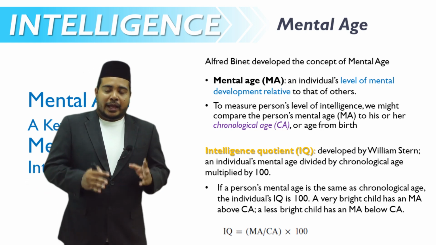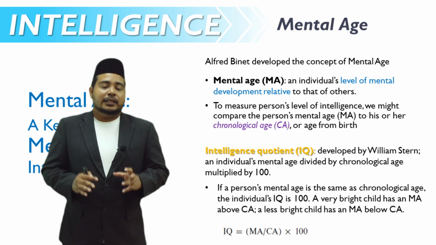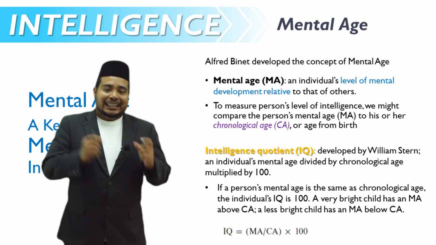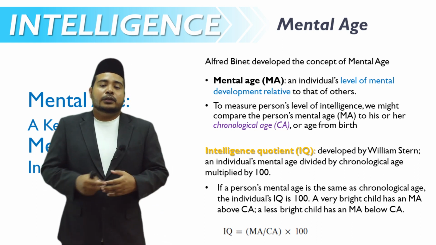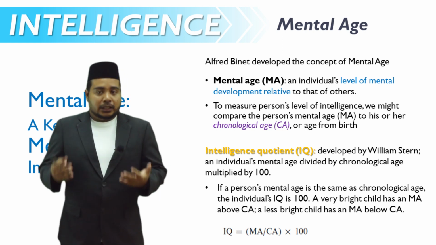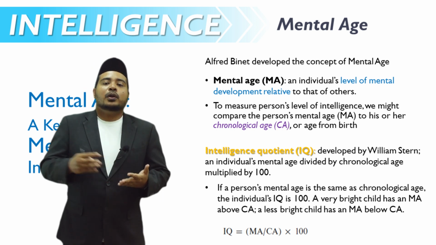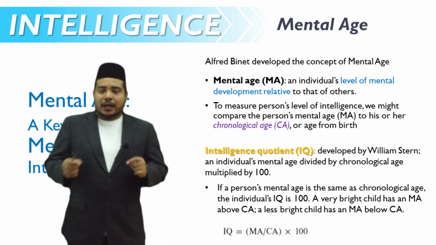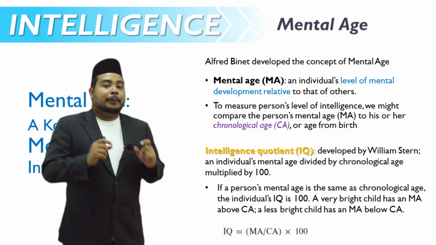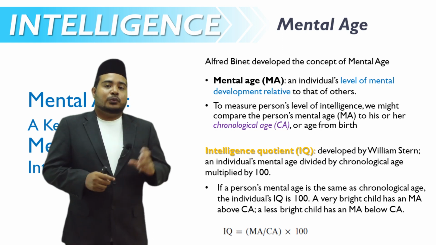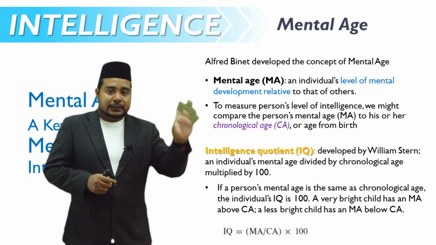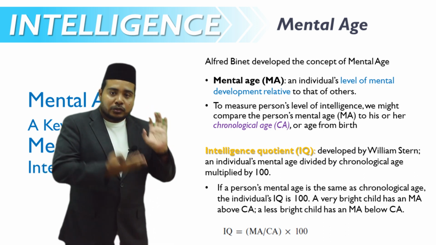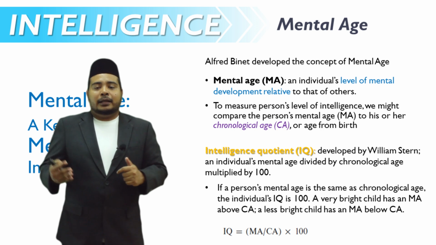So this is where the discussion involves the intelligence quotient, which was developed by William Stern. Intelligence quotient, or IQ, refers to an individual's mental age divided by chronological age, multiplied by 100.